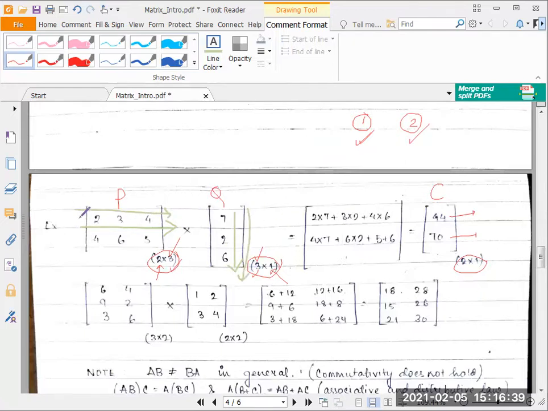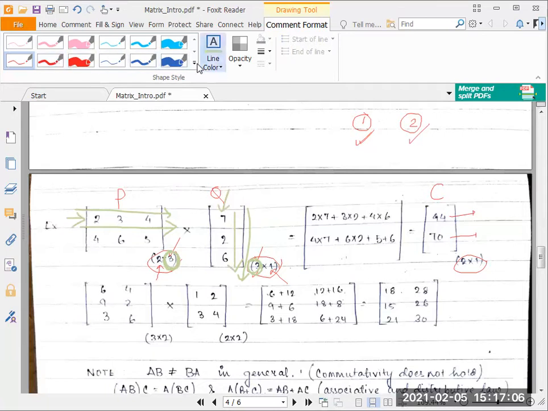What do we mean by 3? It has 3 columns, which means every row has 3 elements. And this 3 means that it has 3 rows, that is, each column has 3 elements.